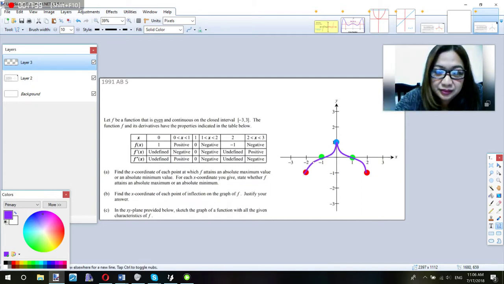Okay, and then I'm also told that from 2 to 3, I am increasing and concave down, but then I end up at a negative value, so I don't make it to 0. So increasing, concave down, and don't make it to 0. So it's something like this. And the same thing on the opposite side.